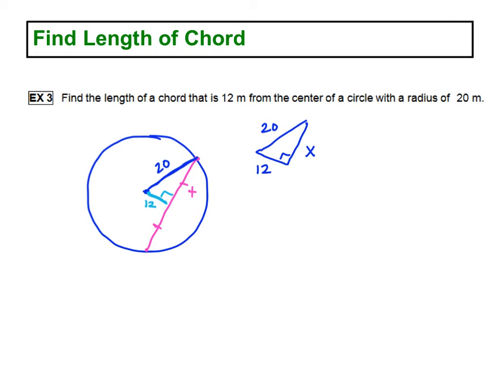I look at 12 and 20 and I say, oh, I could divide those both by 4. If you take 12 and divide it by 4, you get 3. If you take 20 and divide it by 4, you get 5. And then this looks like it's forming a 3, 4, 5 Pythagorean triple. So x is going to be the missing side, which is 4.